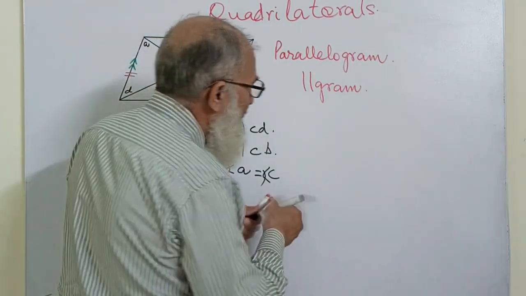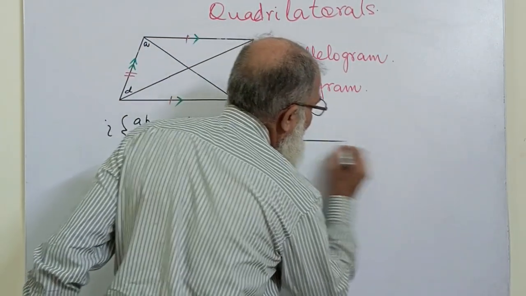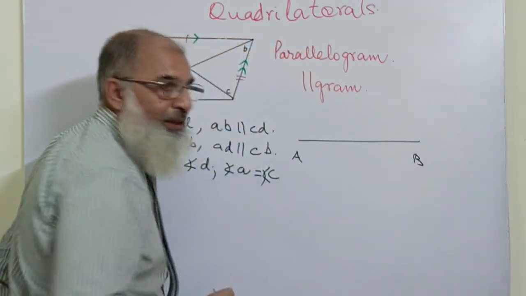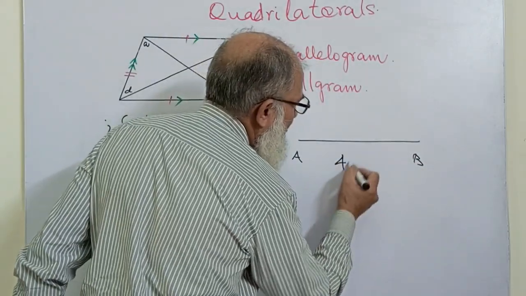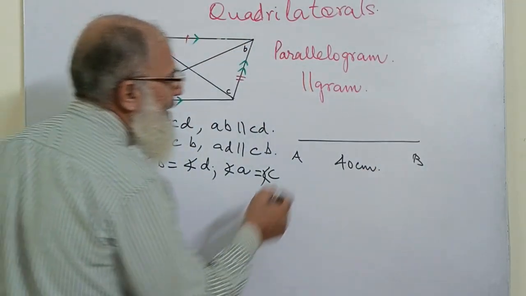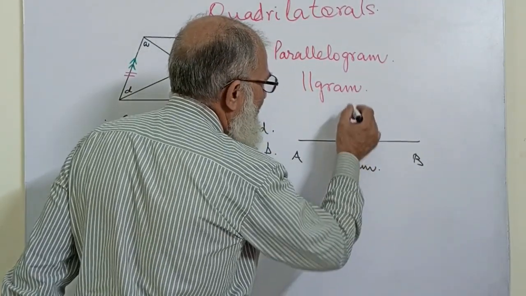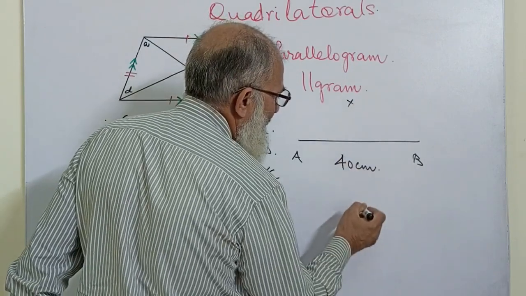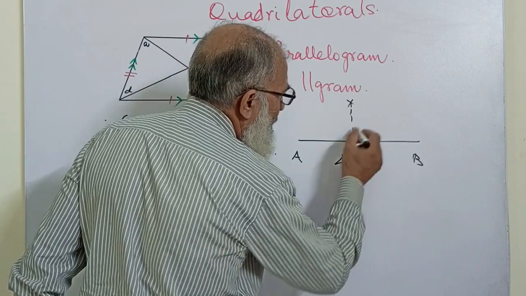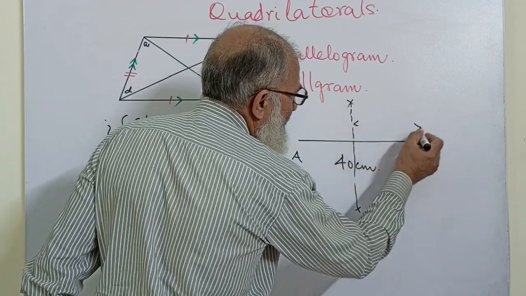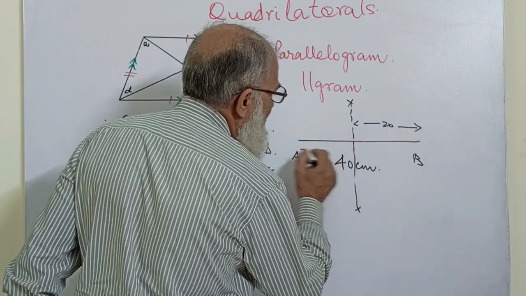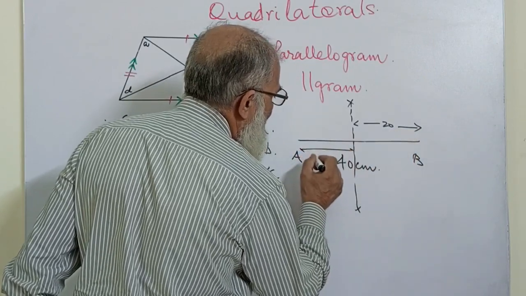Bisect means that if this is a line AB, and it is 40 centimeters, and if we bisect it like this, this will remain as 20 centimeters here and 20 centimeters here.